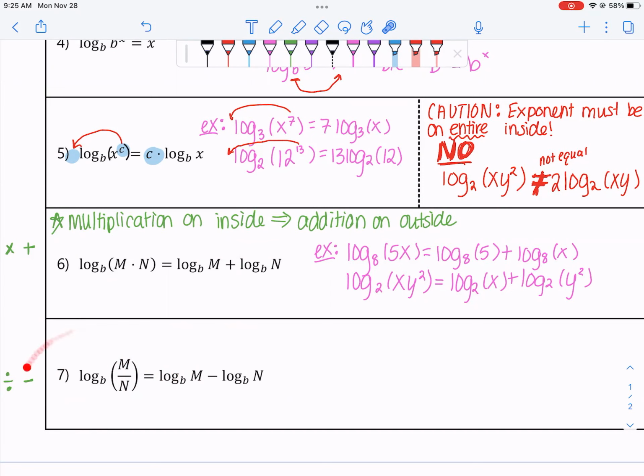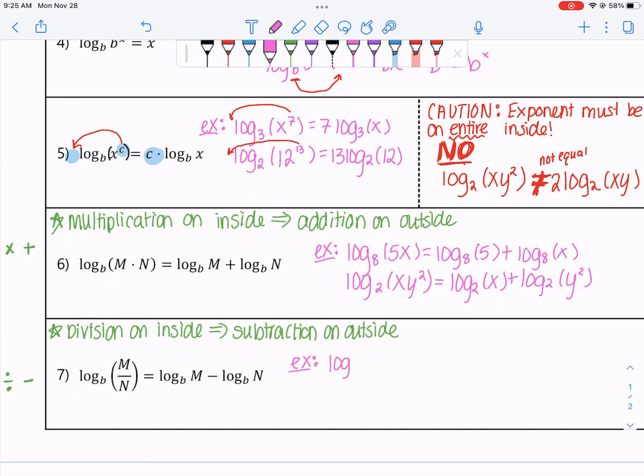Over here, let me write that down. Division on inside, subtraction on the outside. So how many examples can I give here?